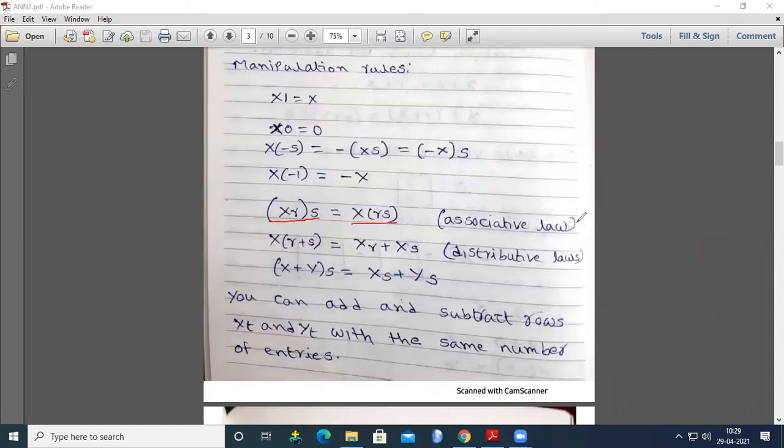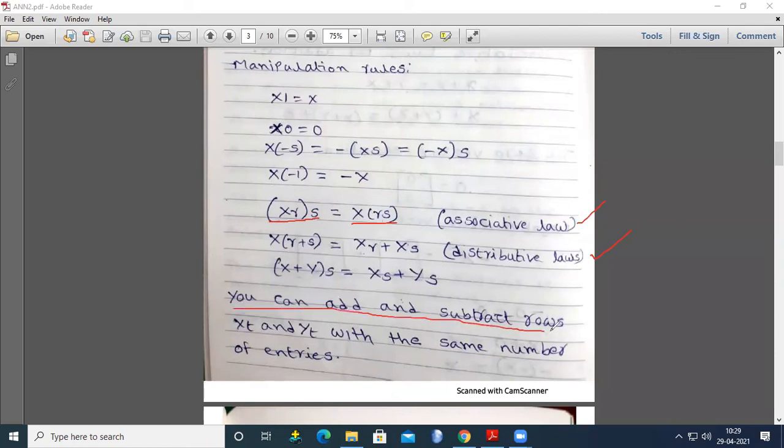So this is the associative law. x into r plus s equals xr plus xs. This is the distributive law. So x plus y into s equals xs plus ys.